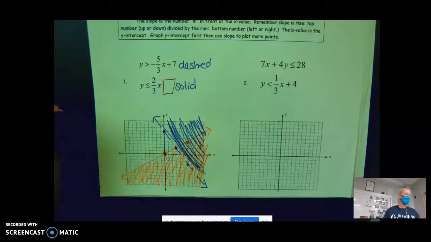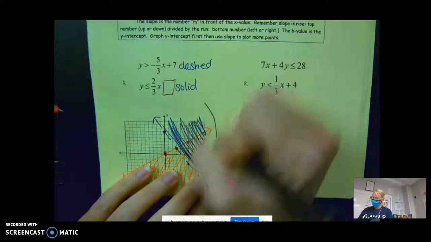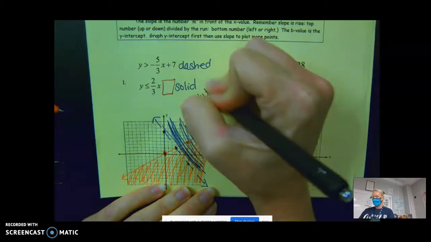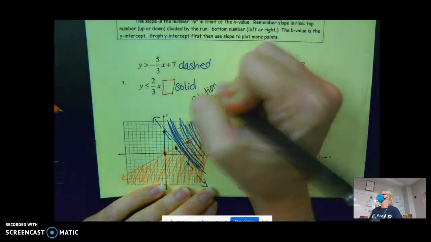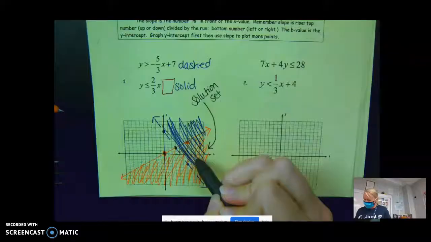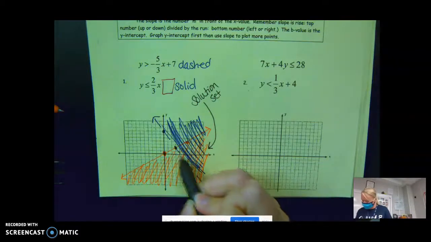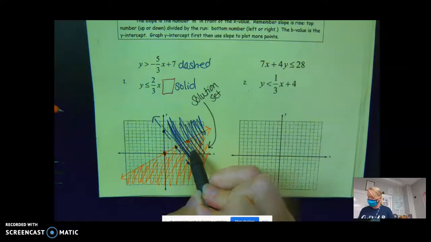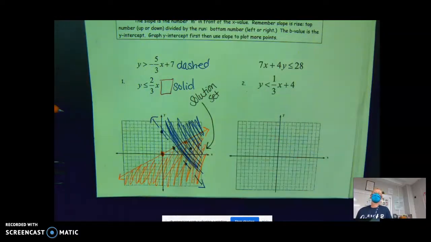So do you see where it's doubly shaded? That is your solution set. That means that any point in there is a solution to both equations. So if I said, give me a point that's a solution, I could come over here to 1, 2, 3, 4, 5, 6, 7, up 1, 2. 7, 2, right here. This point is a solution because it's inside the double shaded.